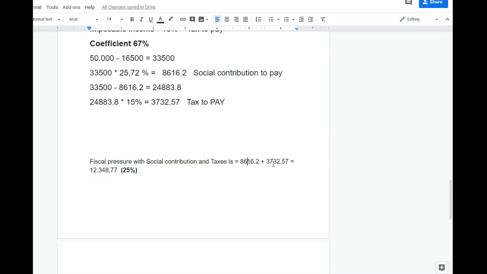Your social contribution plus your tax to pay, you pay in total 12,348 euro, and this is 25% of social contribution and taxes combined. So this is the fiscal pressure of both. This regime is based on your activity, no matter what your real costs are. And this simplifies the accounting a lot.